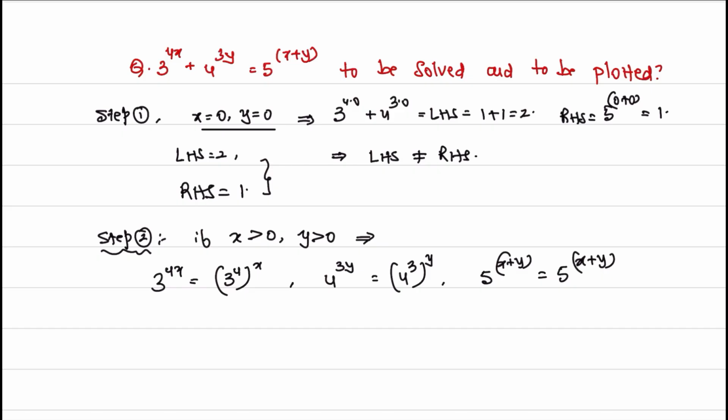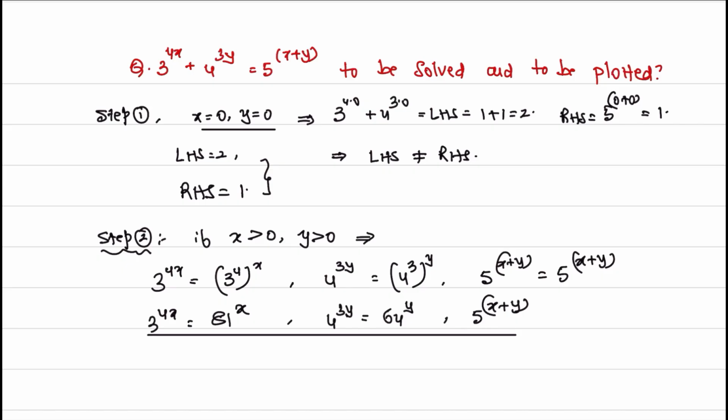You just see. 3 to the power of 4: 3 into 3 is 9, 9 into 3 is 27, 27 into 3 is 81. So 81 to the power of x. 4 to the power of 3: 4 fours are 16, 16 fours are 64, so 64 to the power of y. 5 to the power of x plus y. These are the elements given in the equation.